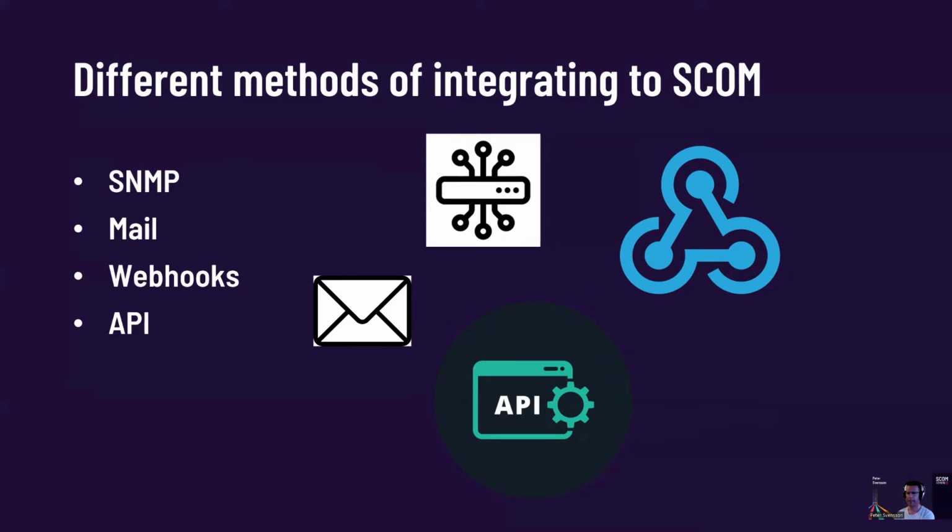Most modern third-party systems have some kind of REST API, so you can query, and it's a bit more flexible, and it also gives you the opportunity to use more granular rules, for example, to query what you want. Maybe you only want all the critical alerts, or a specific alert, or maybe you don't want a specific alert, so you can use PowerShell to do some nice filtering in the output of what you want.